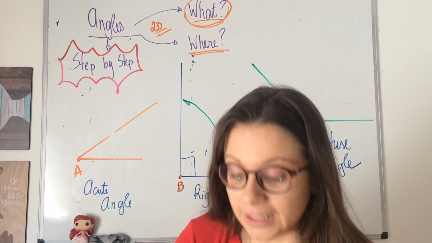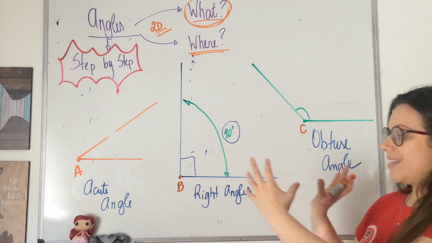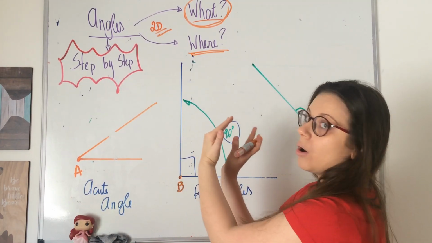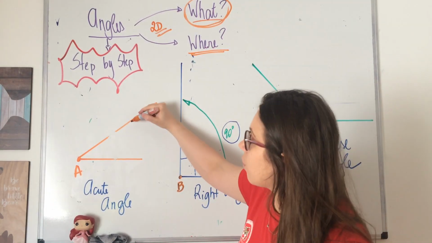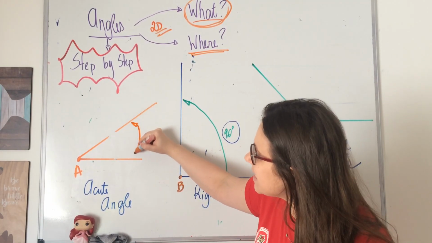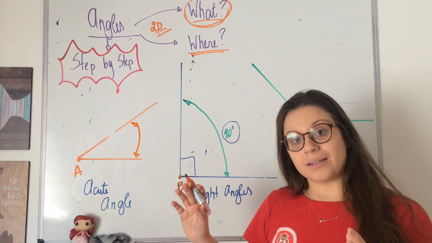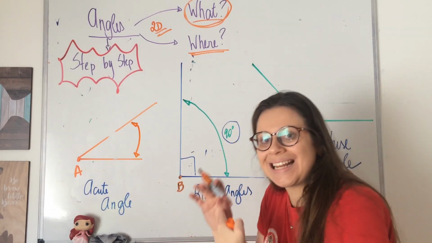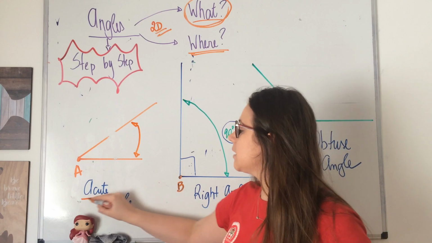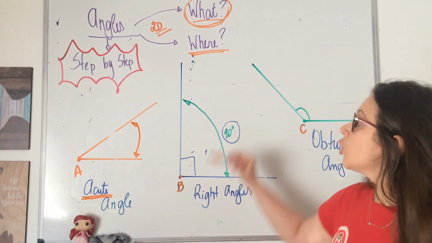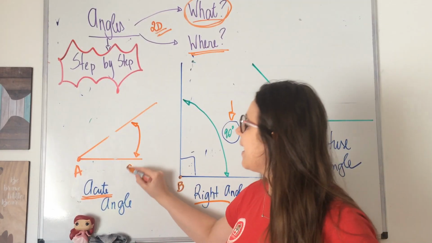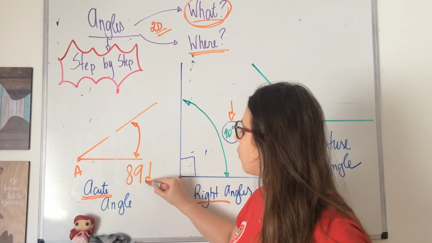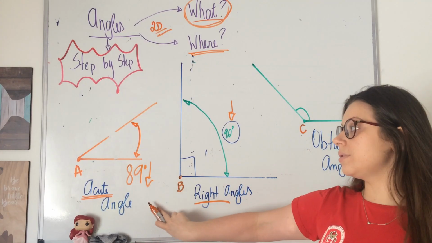So, all the angles that are smaller than 90 degrees, all the angles in which the distance between the lines is less than 90, I call an acute angle. So 90 degrees is a right angle.